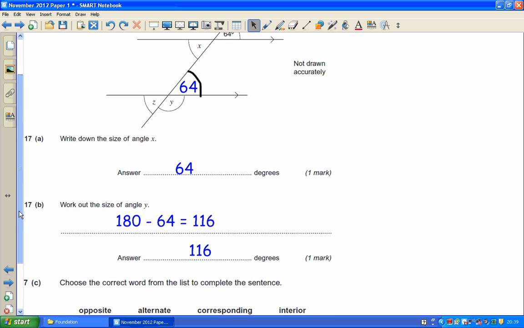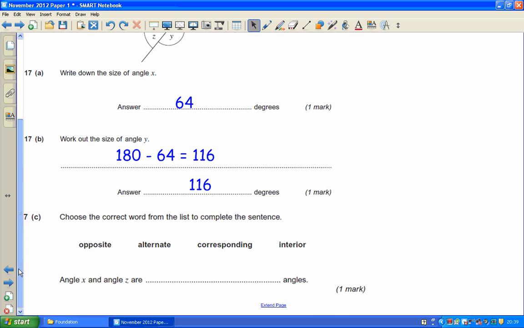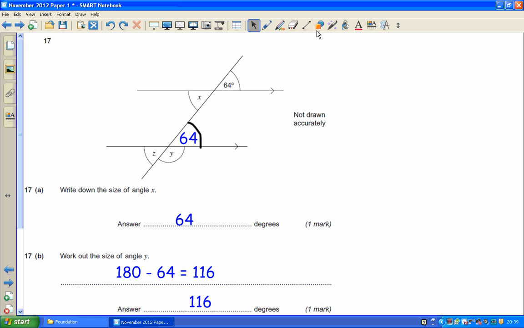C. Choose the correct word from the list to complete the sentence. Angle x and z are, line, and that are the same. So x and z are the same because we've got ourselves an F shape.